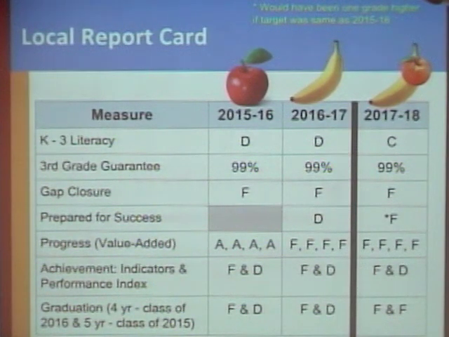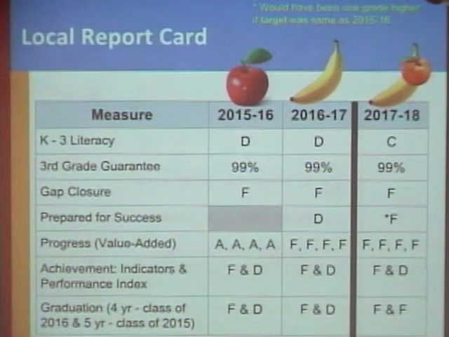We ended up with 99% of the students moving forward. And no one competes with us in this area, especially among the large urban districts across the state and many suburban districts. We do a beautiful job with that.